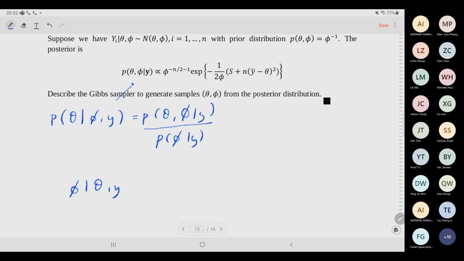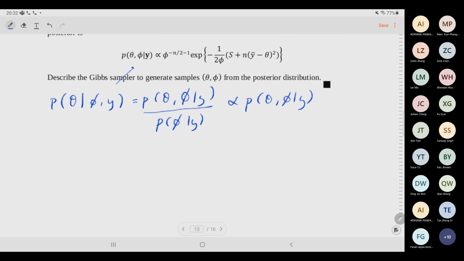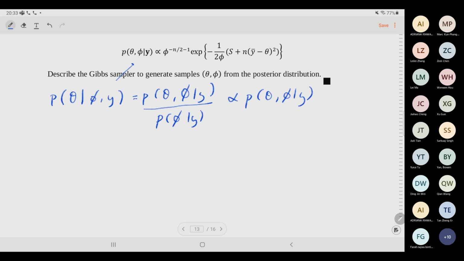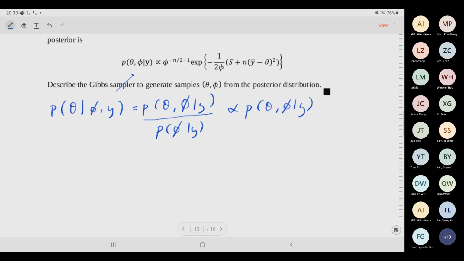But because we have the conditional posterior given phi, we assume that phi here is a constant. So the marginal posterior of phi is also a constant. So this is just proportional to your joint posterior, meaning that you don't have to find the marginal posterior for phi, because phi now is just a constant. So we can just play around with the joint posterior.